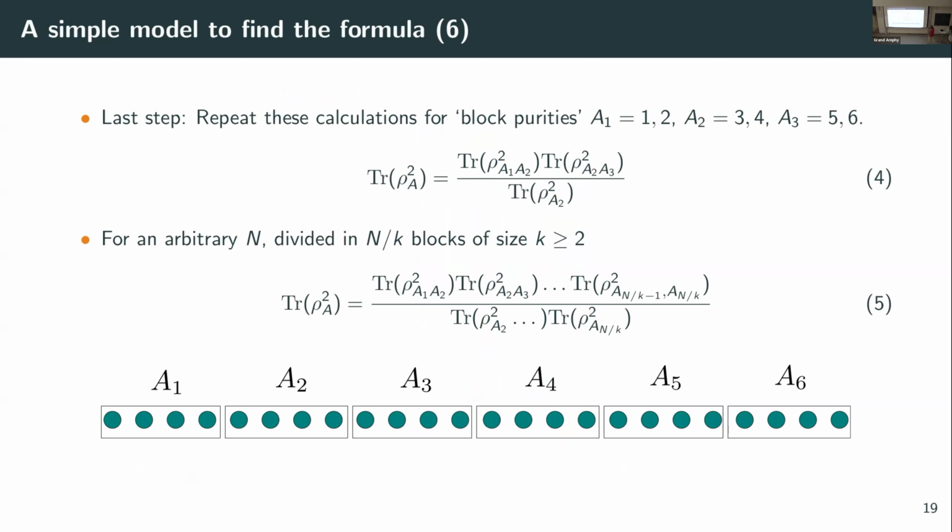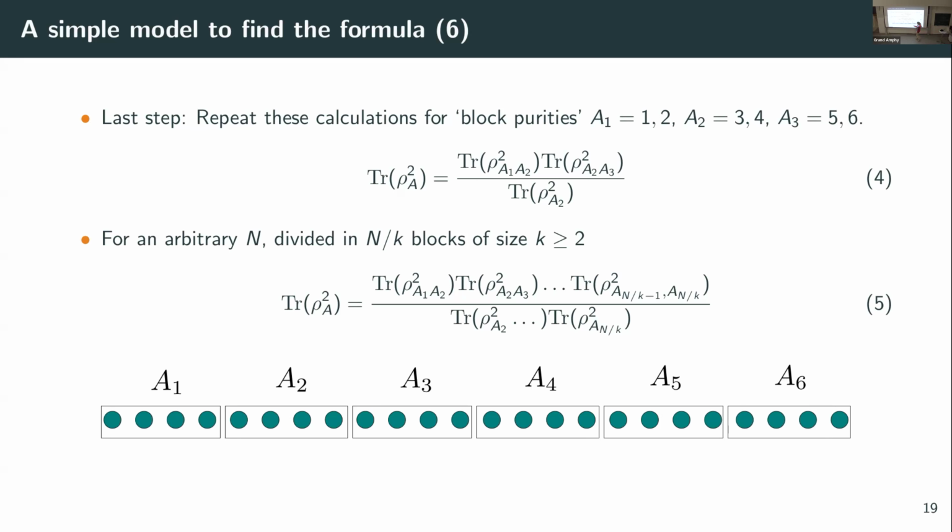We can try to use different subsystems and try to find this formula, which I promised. There is a formula for the purity of a global system as a function of the purity of a subsystem. And this formula is written here. You take an arbitrary n. You can divide it in blocks of size k.